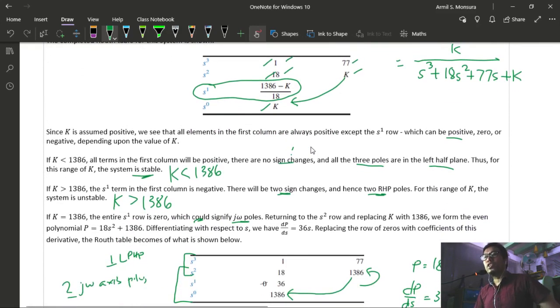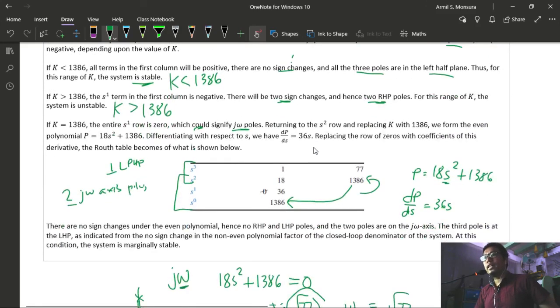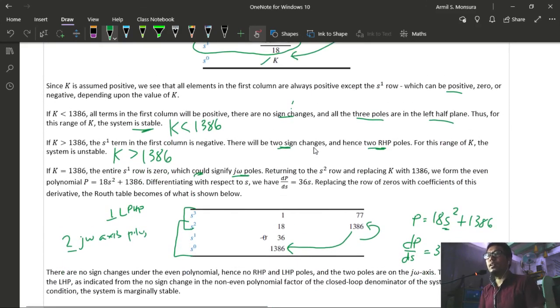So, that ends yung ating discussion about Routh-Hurwitz criterion and stability. Hopefully, this would be useful kapag next time mag-analyze tayo ng stability ng ating system.